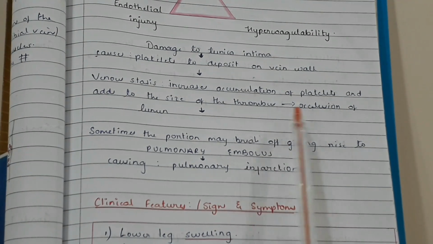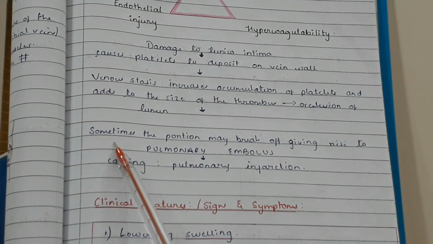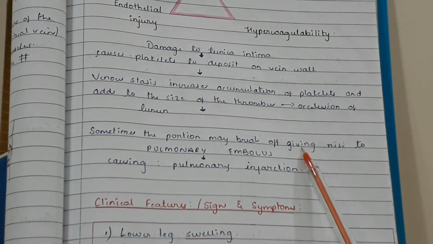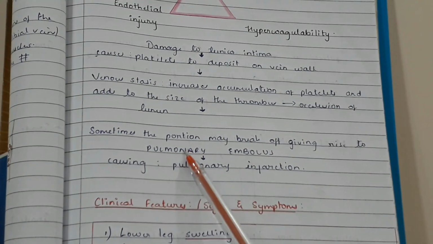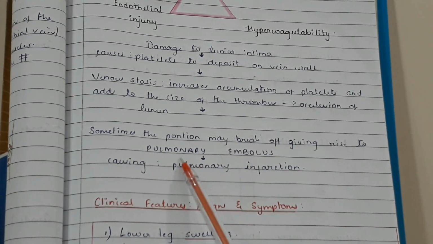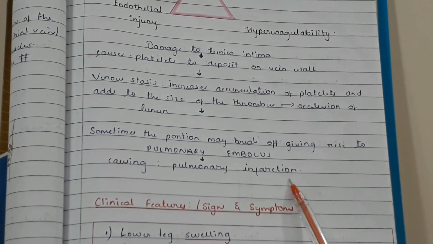This thrombus results in the occlusion of the lumen. Sometimes the portion may break off, that is, the thrombus might break off, giving rise to pulmonary embolus. Pulmonary means the lungs. So pulmonary embolus further can result in pulmonary infarction.